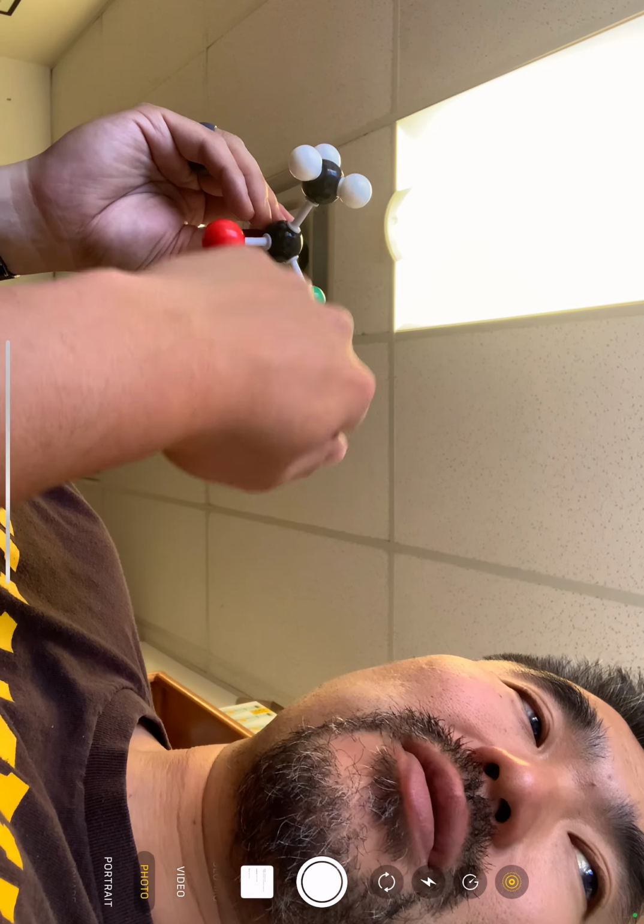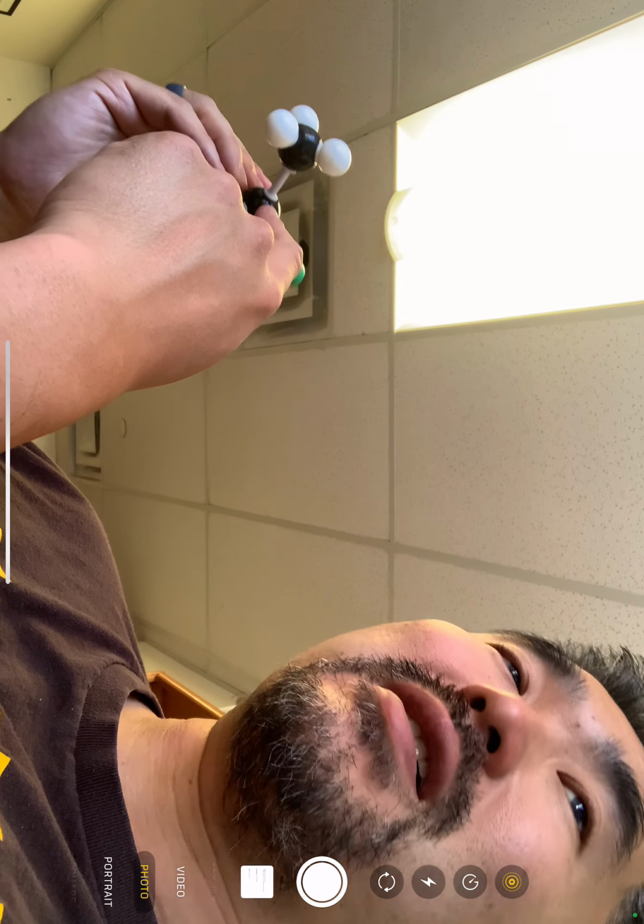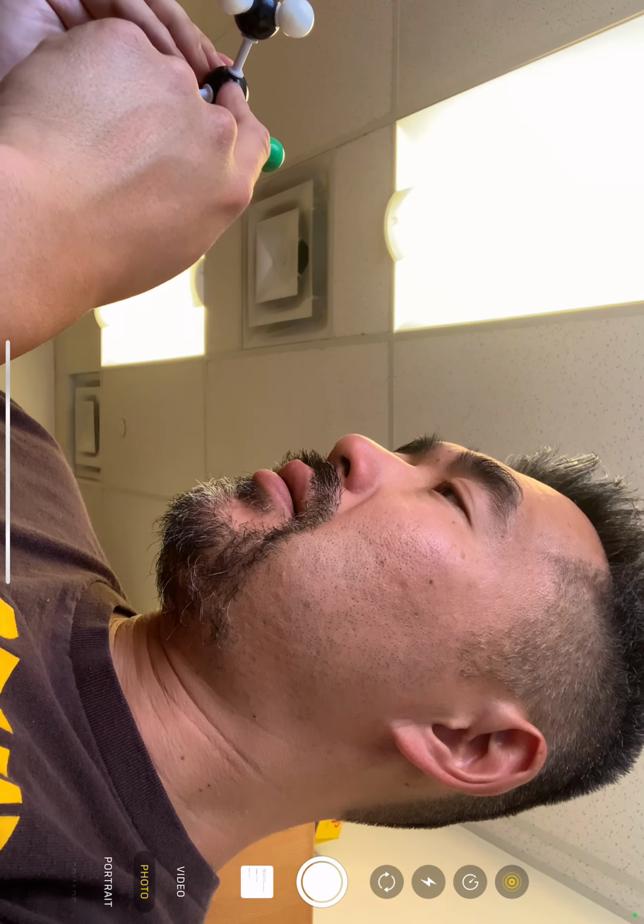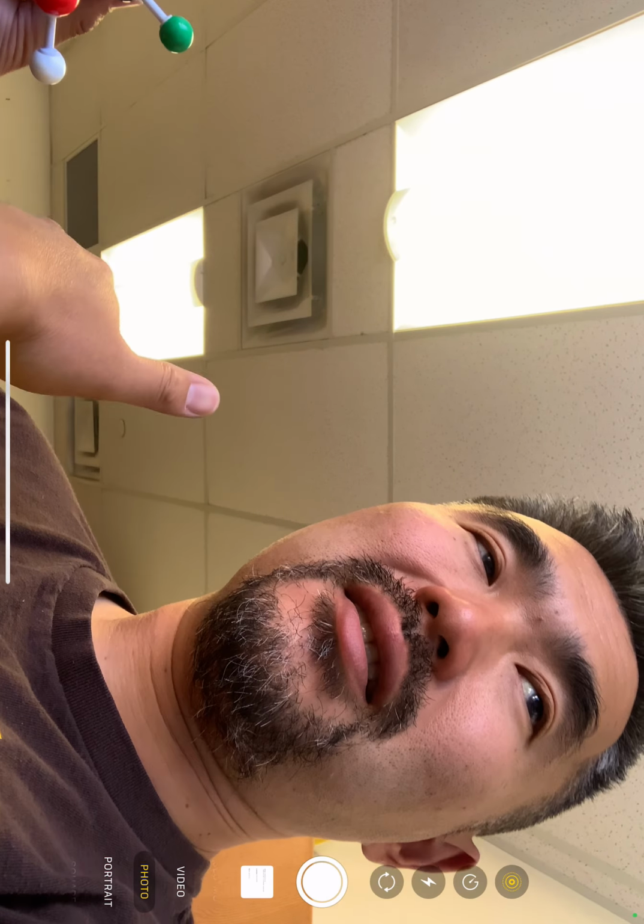So if it's going clockwise, or turning to the right, the assignment is R. If it's the other way around, you might think it should be L for left, but it's actually S, for the Latin word sinister, which means left in Latin, because in the old days some people had a superstition that it's kind of a sin to be left-handed.